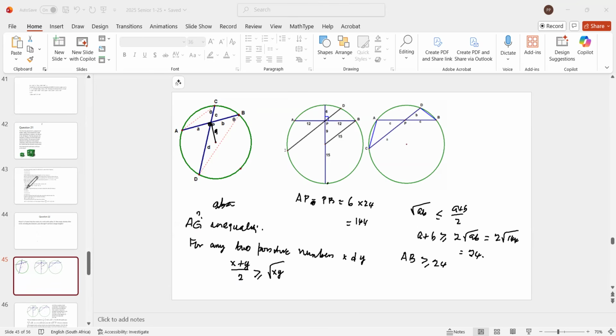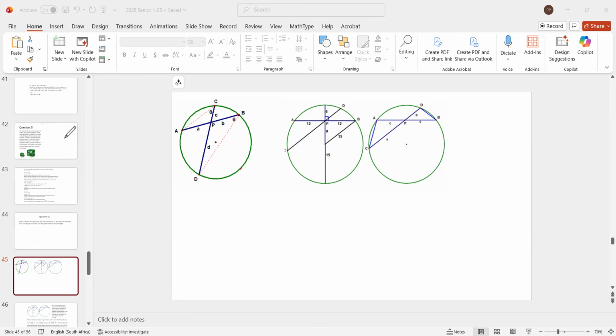Okay, so in short, what we've got is that any chord AB containing the point P, which is chosen to be 9 units away from the center, has length between 24 and 30.